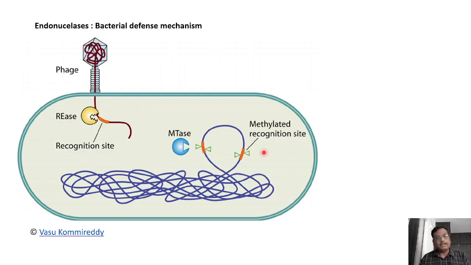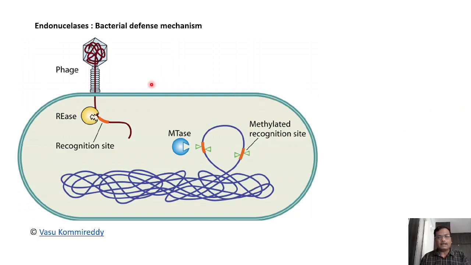Whenever we get infected, say by a virus or a bacteria or a protozoan, my immune system will produce antibodies or different types of cells which will destroy the pathogenic organism which has entered my body. So this is called immune response. So I have an immune system which protects my body against the infection of pathogens.